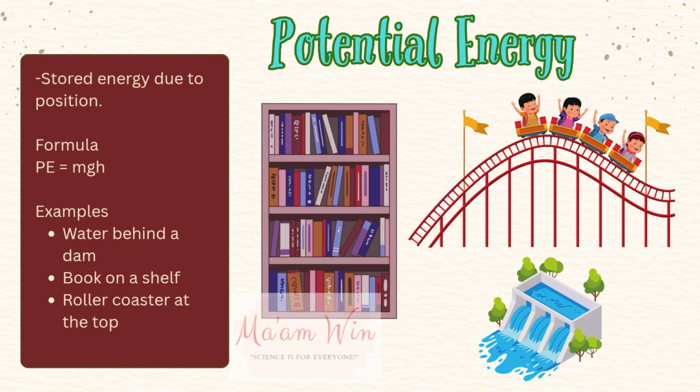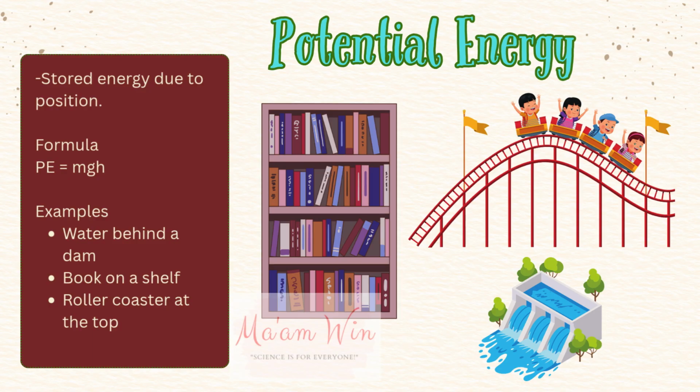Okay, so let's proceed with another type of energy, which is potential energy. Potential energy is the energy stored in an object because of its position or height above the ground. The formula for gravitational potential energy is PE is equal to mgh, where m is the mass, g is the acceleration due to gravity, and h is the height.